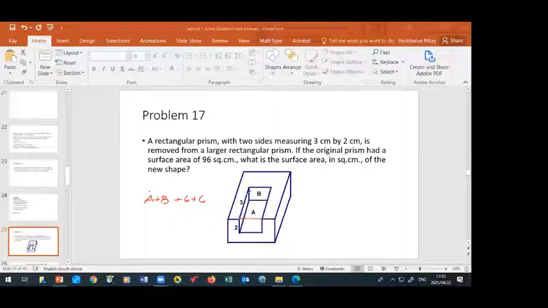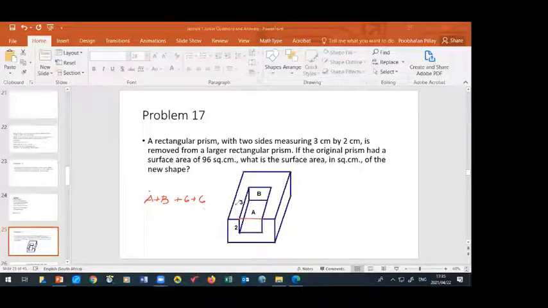This part, 6 plus B, plus another 6 which you can't see, plus B again. No, this is empty. Plus A, the bottom one. So this is the surface area of the hole.